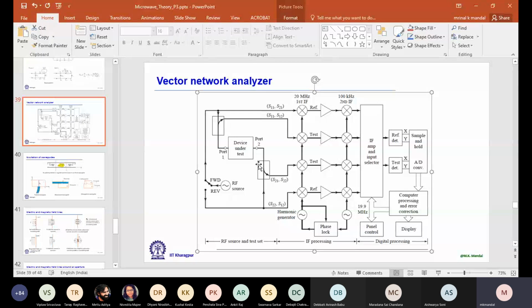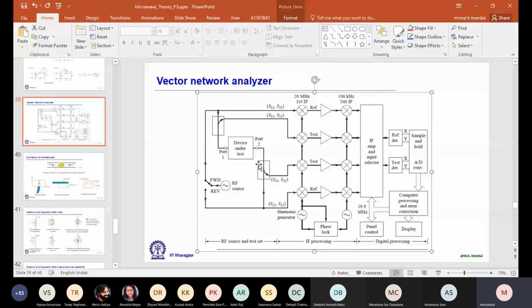One important part when you are going to use any VNA for any measurement is calibration. So what is calibration? You see, whatever components are used inside, they are not ideal. So all of them will generate some sort of error. Then what is the overall error of measurement? That we have to take care of first.